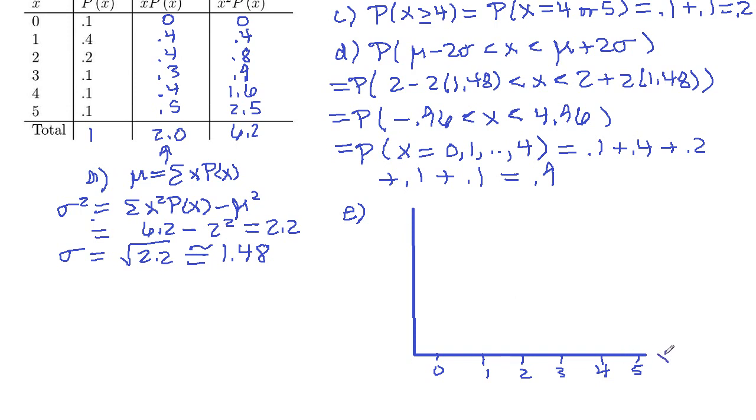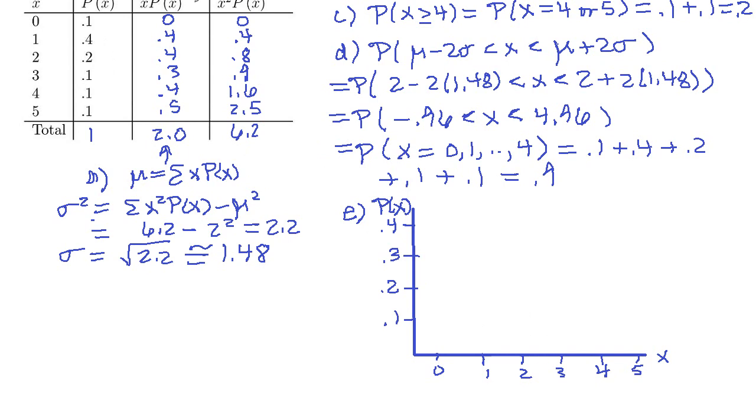And that's x, number of tornadoes. On the vertical, we're going to have the probability of x. And those values go from 0.1 to 0.4. So why don't we put 0.4 up here. Halfway there would be 0.2. And then halfway between those, 0.3 and 0.1.